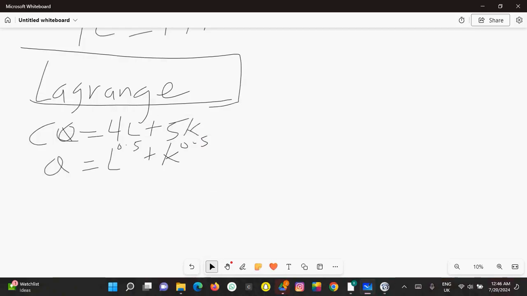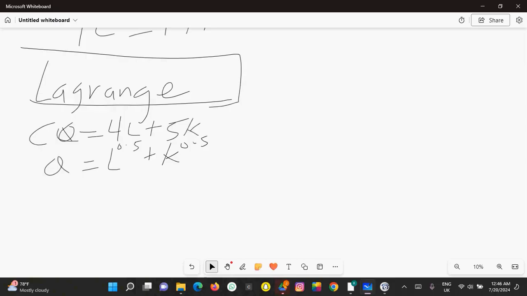Right. So now remember that we are trying to produce 50 units. So the 50 units will be our constraint. If we were producing at a budget of, let's say, $100, then since we've allocated a cost, our cost function would become our constraint.